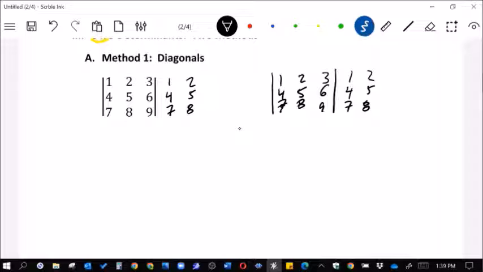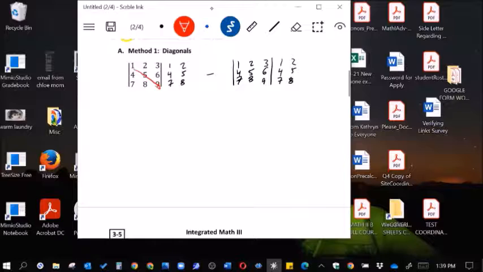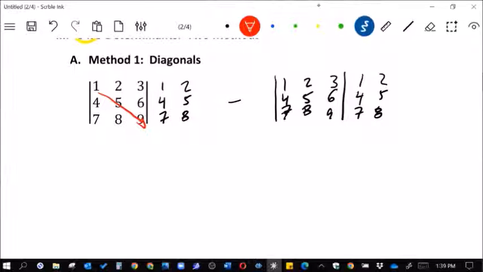Draw the line and then repeat these. What we're going to do is we're going to find the determinant of the first one and subtract from it the determinant of the second. But we're going to do the determinant based on diagonals. So we're going to do a diagonal of these 3, and then a diagonal of these 3 and a diagonal of these 3. And then on the other side, we're going to do a different direction diagonal. And we're going to multiply those.